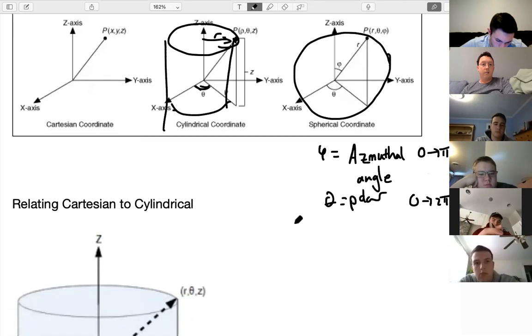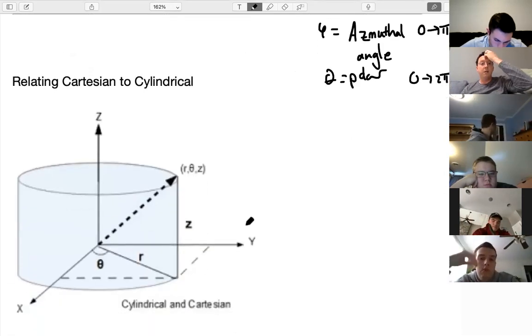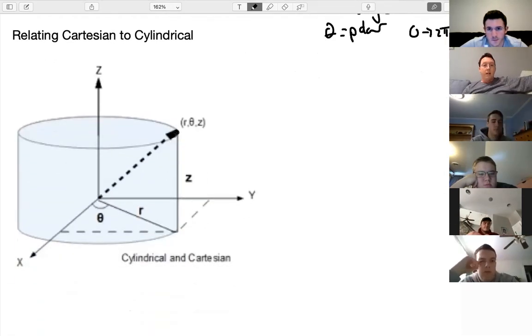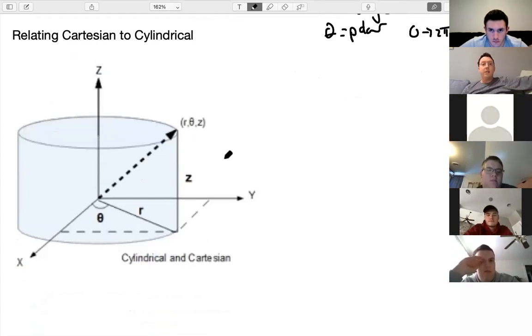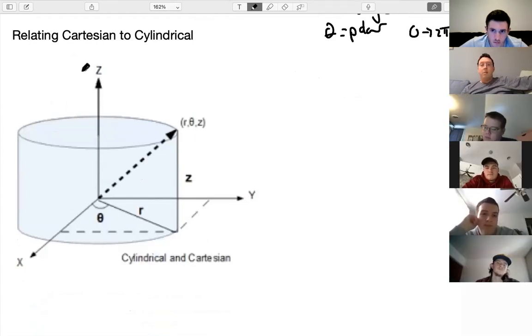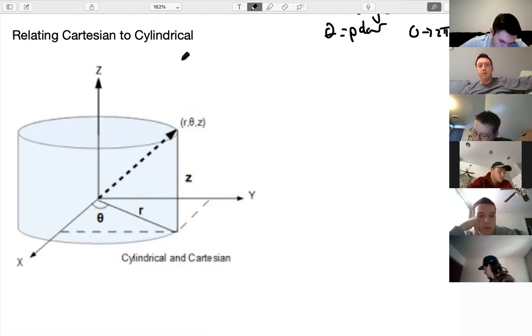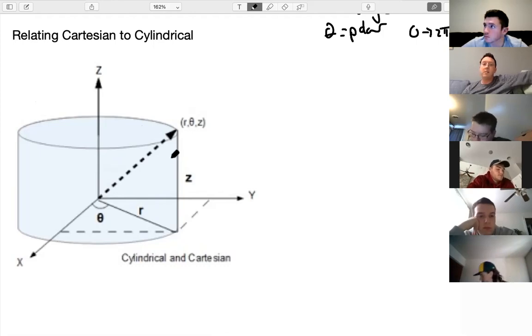All right. Let's go through these in more detail. So here's cylindrical coordinates. We want to relate cylindrical to Cartesian, just like we did earlier in 2D for polar coordinates.